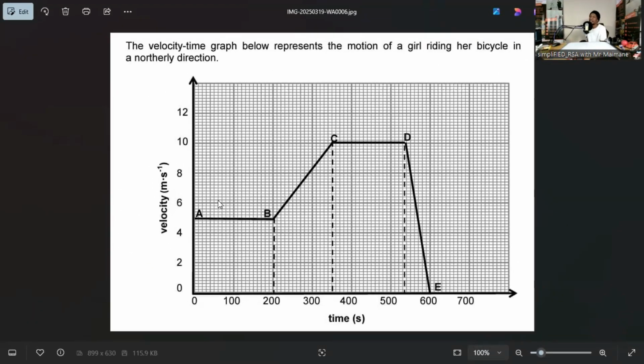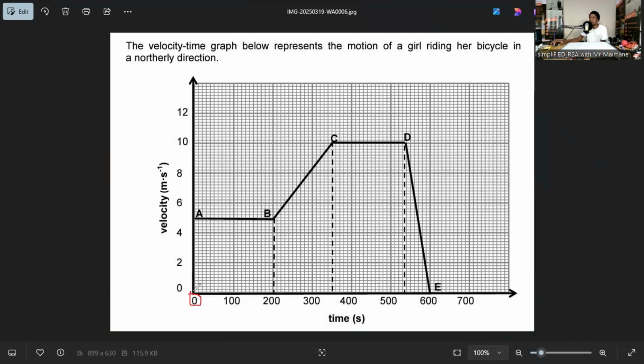So for 4.1, we have to write down the initial velocity of the girl. The initial velocity, meaning what is the velocity at time zero? That's what we are trying to interpret there. So at time zero, we can see that 0 seconds is here.